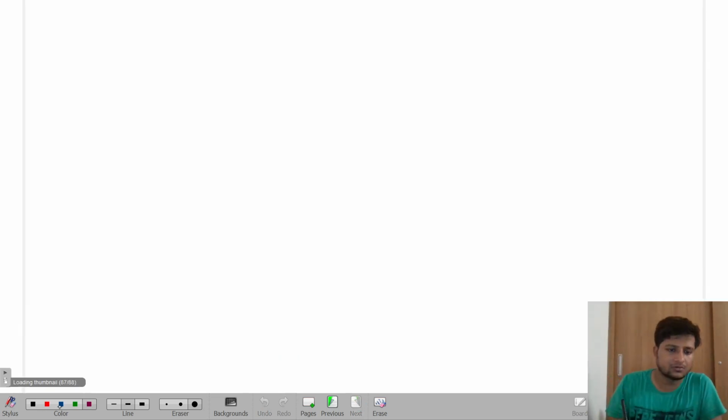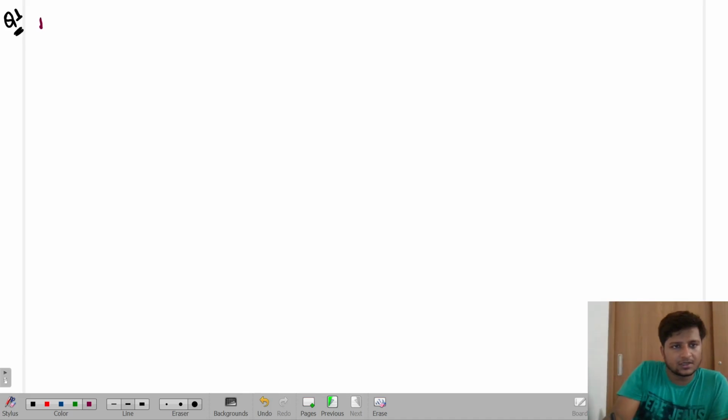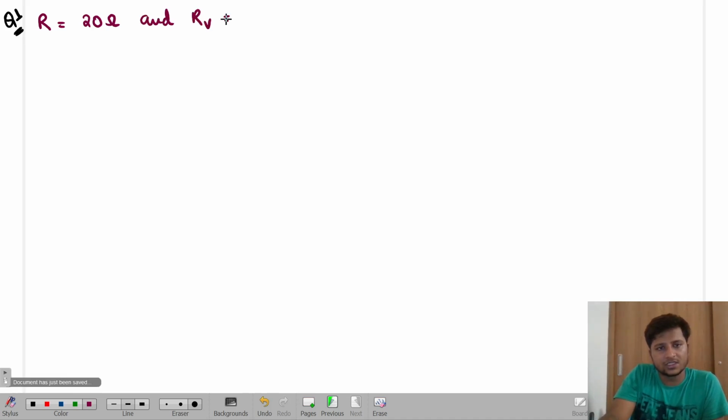Okay, so let us do some questions. Let's do one example. It says that let's suppose the external resistor is 20 ohms, and the voltmeter resistor is 480 ohm. Hold on.